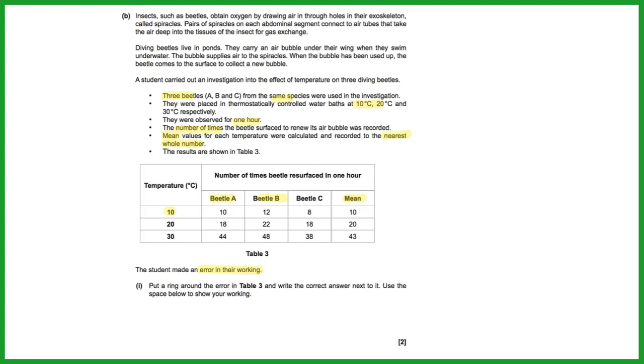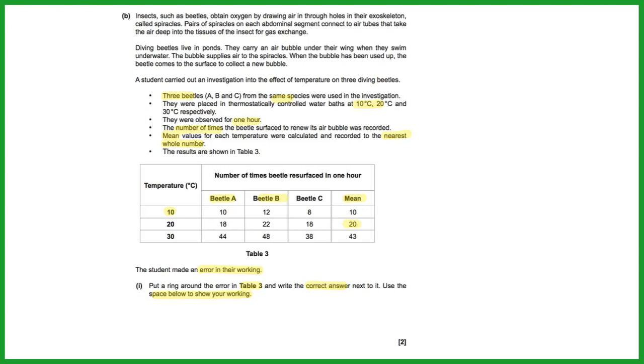And they ask you to put a ring round the error in table 3 and then write the correct answer next to it and use the space below to show your working. You must show your working. It's not sufficient just to calculate it. So where's the mistake? Well, for those of you who are fairly observant, you'll see that the mistake is in this row here.